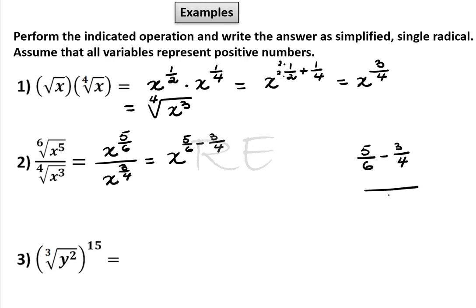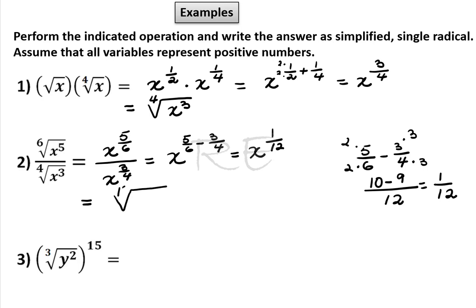The lowest common denominator is 12. I need a 2. 2 times 5, 10. Minus, I need a 3. 3 times 3, 9. 10 minus 9 is equal to 1. 1/12. X to the 1/12. Now we'll convert it back into a single radical. It's going to be the 12th root of x.